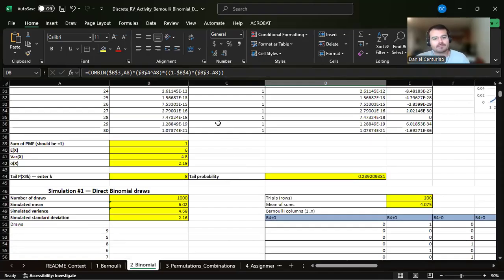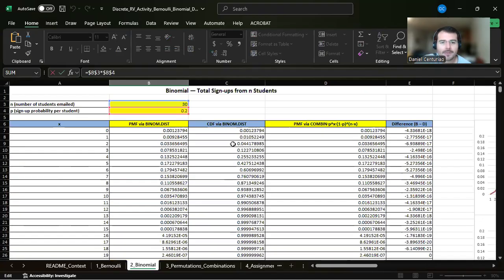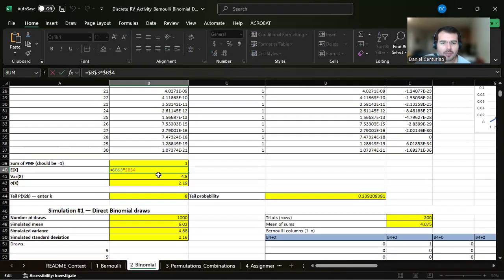The other exercise associated with it: we have here some calculation as well, similar to the previous table, associated to this situation right here. You can see we are using the parameters that we set up in the beginning.